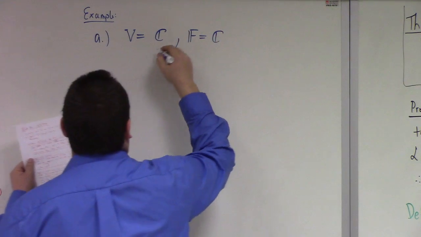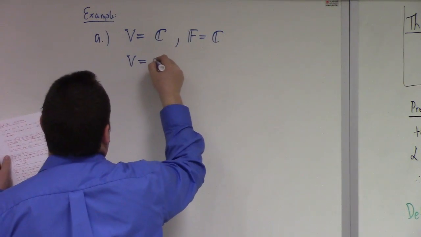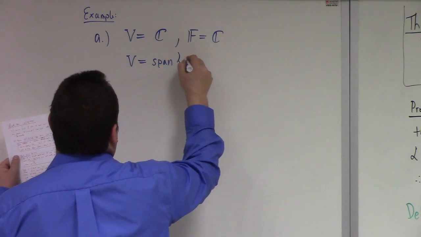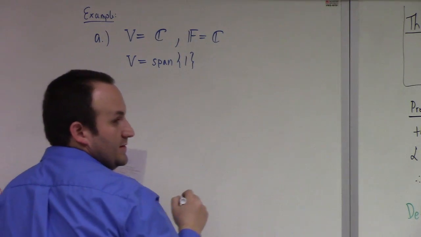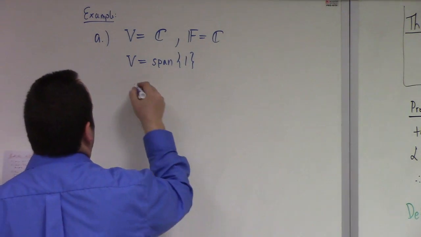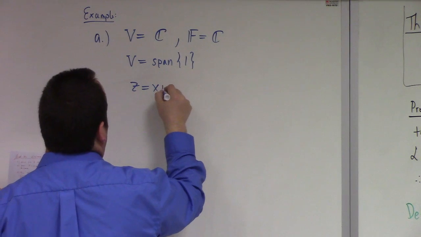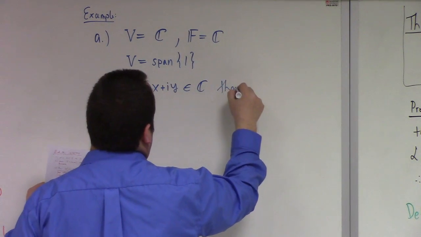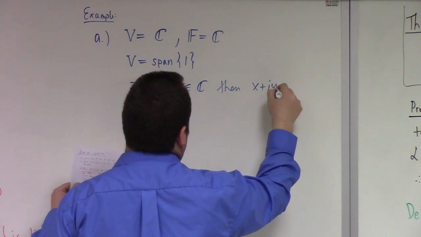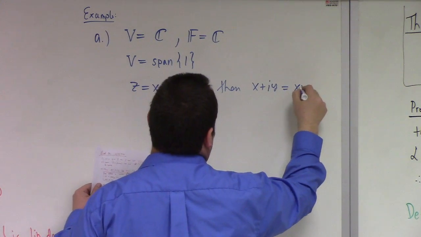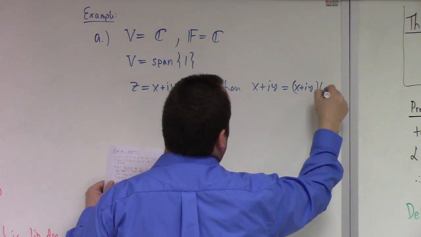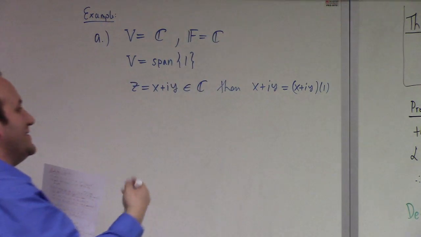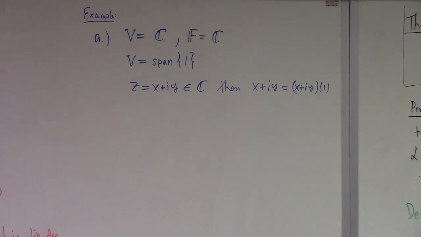Then what's the basis for V? Well, V is just equal to the span of 1. Because if you take any Z equals X plus IY in the complex numbers, then X plus IY is equal to X plus IY times 1. It's kind of stupid, but in other words, it's in the span of 1.